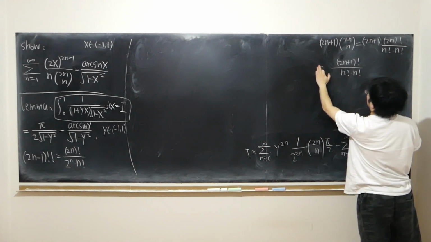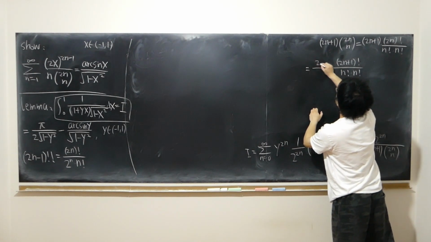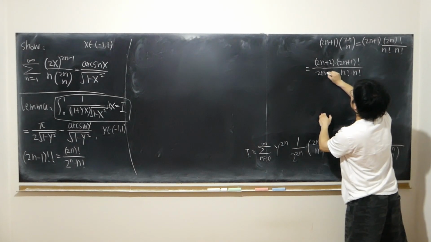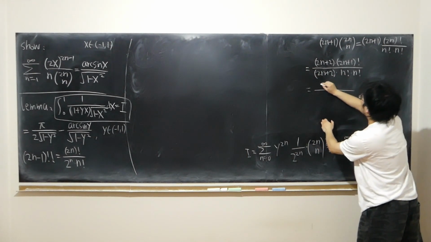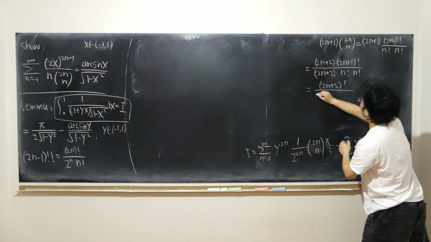Right, what can I do? I multiply by 2n plus 2. Right, then 2n plus 2, it'll give me 2n plus 2 factorial this time. Okay.